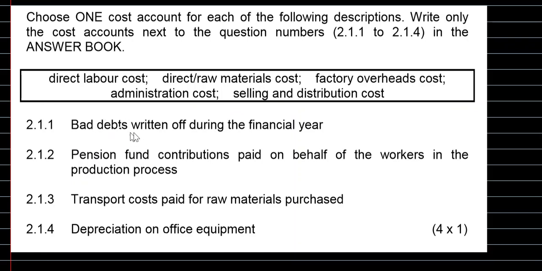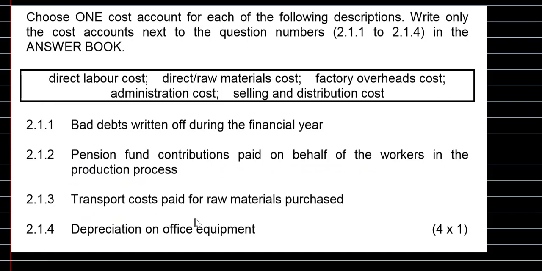The first one is bad debts written off during the financial year. For sure, this one is involved with selling and distribution cost, because when we sell on credit, we give debtors credit, they don't pay us, so we write them off. Pension fund contributions paid on behalf of the workers in the production process, so this one goes with direct labor cost.